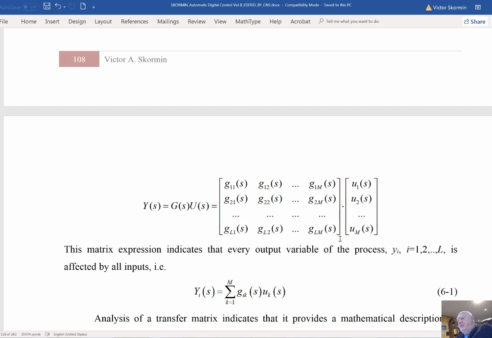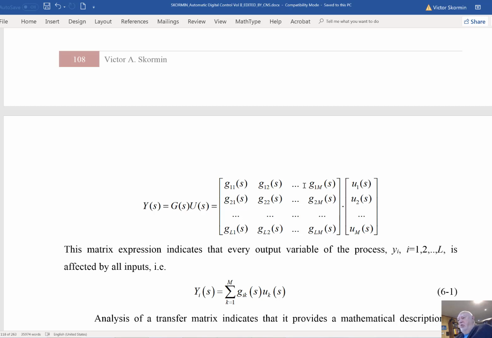In this transfer matrix, we have individual elements, and individual elements of the transfer matrix are particular transfer functions. For example, transfer function G11 describes the dynamics between the input number 1 and the output number 1 of the process. The transfer function G22 describes the interaction between the input number 2 and the output number 2.